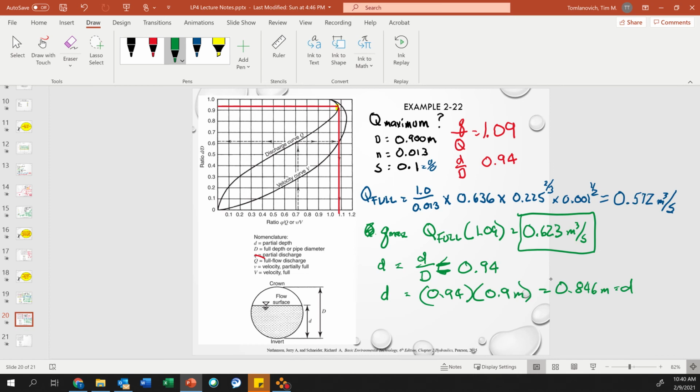So basically, what did we do? We looked where the Q max curve went. You can do the same thing for the velocity too, right? We always have to find Q full. So our maximum flow capacity of a 900 millimeter diameter pipe is 0.623 cubic meters per second at a partial depth of 0.846 meters, or 846 millimeters. So it just shows you that pipes flowing full don't necessarily mean maximum discharge. So that was 2-22.